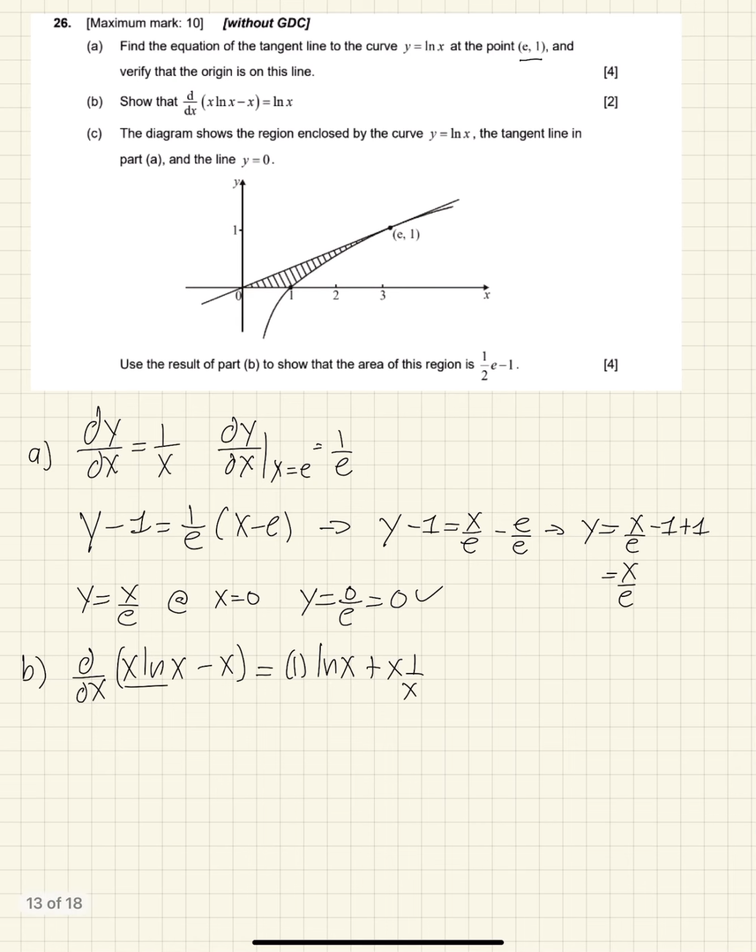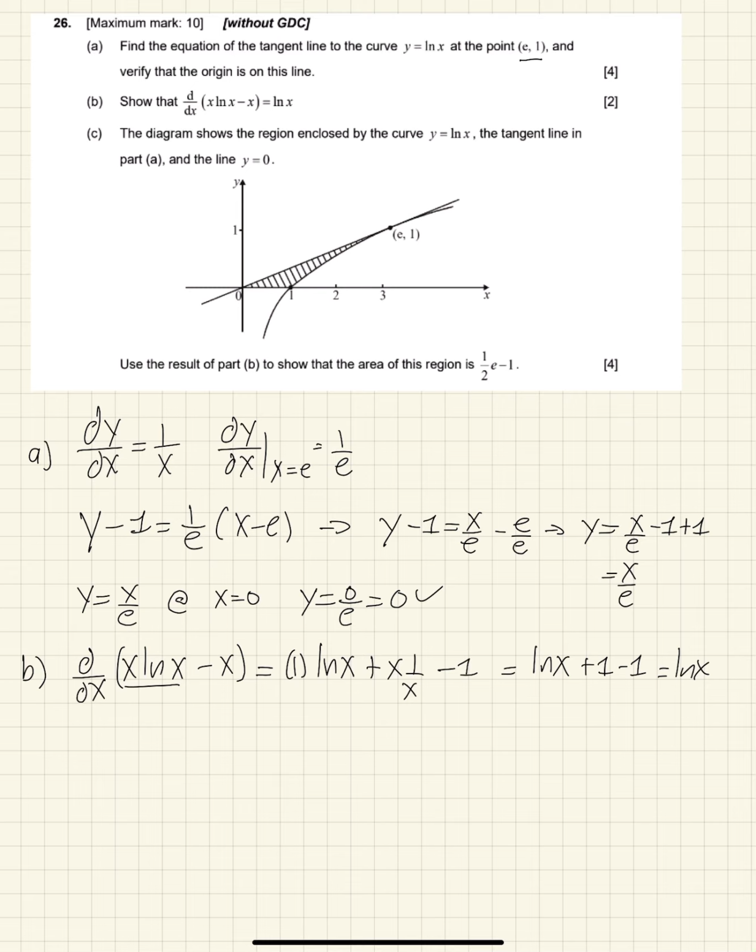And that covers the derivative of the product right there. And then that's minus 1. That is ln x plus 1 minus 1. And that's because this bit right here is 1. And I think we've established that very well.